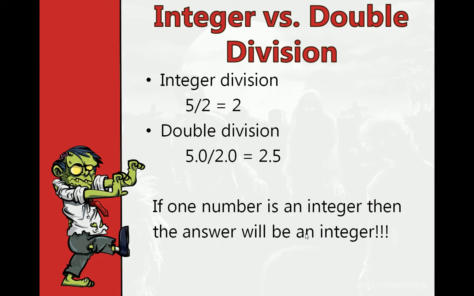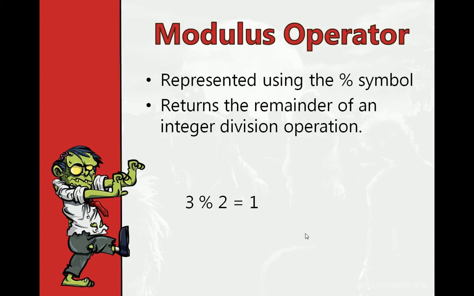Now, one of the weirdest operations that we don't see in normal math, well, we see it in normal math, but we just don't call it this, is the modulus operator. The modulus operator returns the remainder of an integer division operation, and it's represented using the percent symbol, which makes it even weirder.